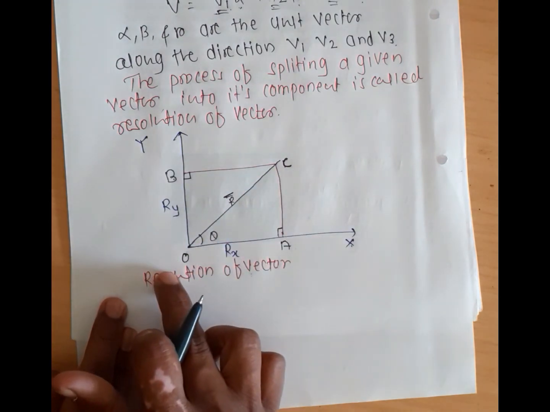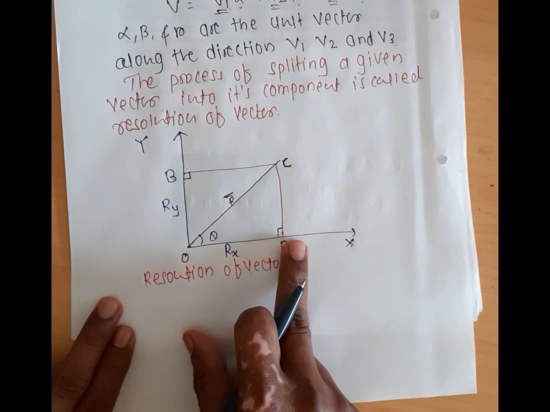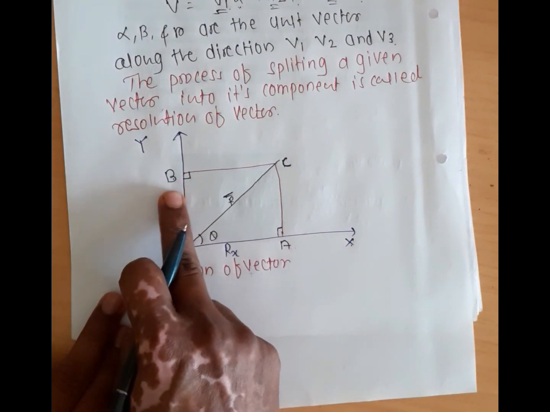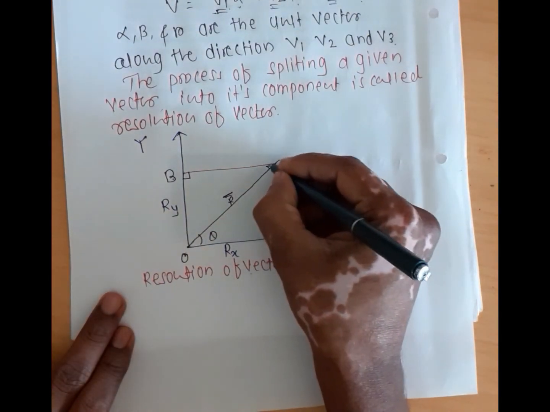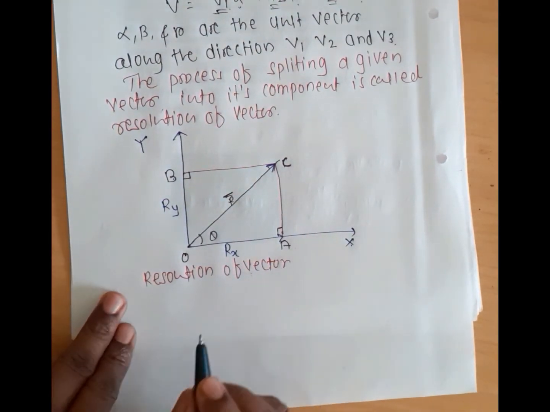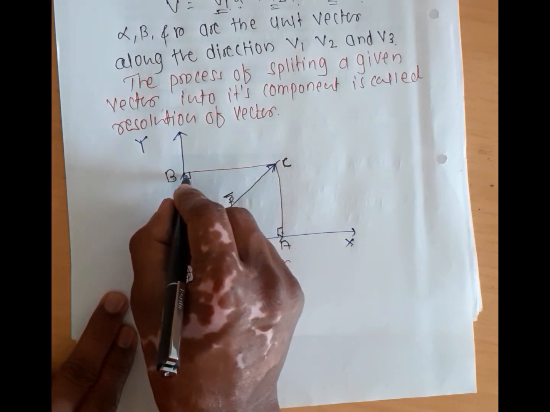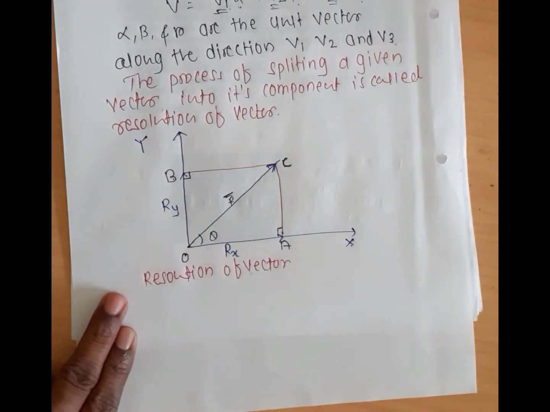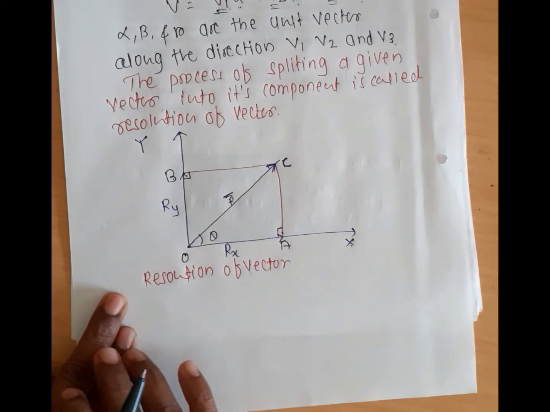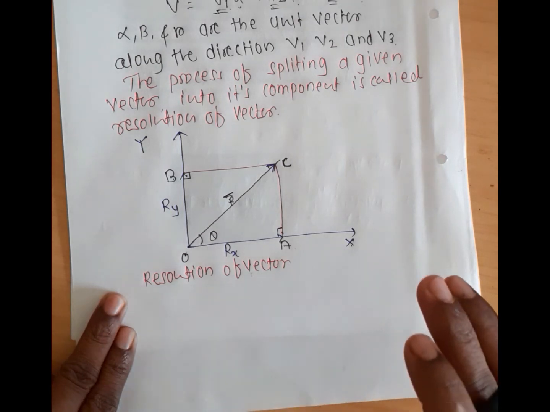One of the angles is theta. Okay, here is a right angle triangle, here is a right angle triangle. This is the direction of that vector, this is one of the directions, and another one is this. Okay, so the explanation of this diagram we will continue in the next lecture.